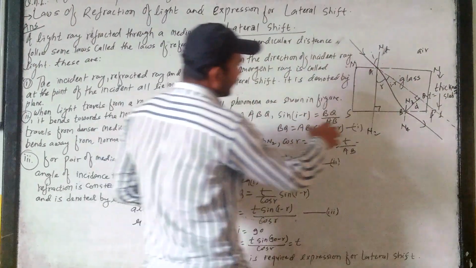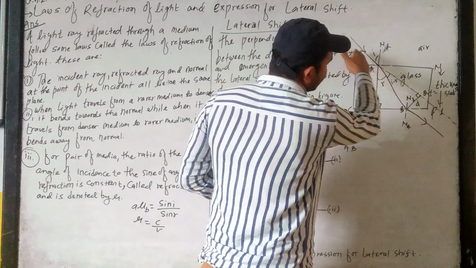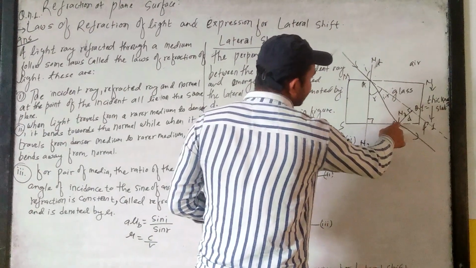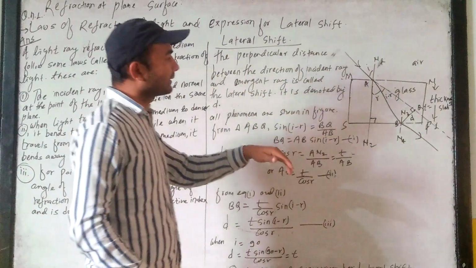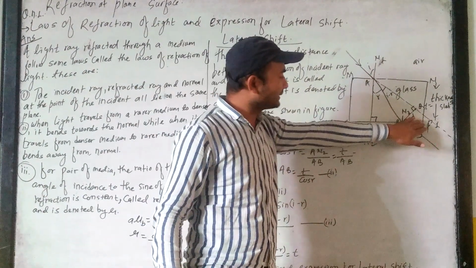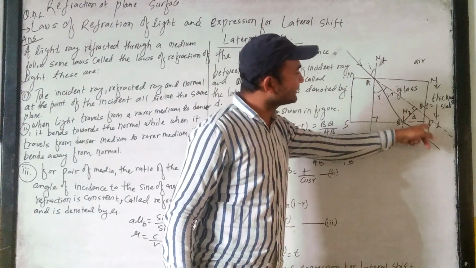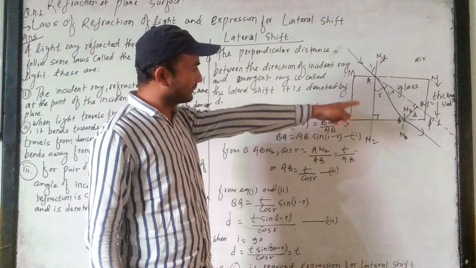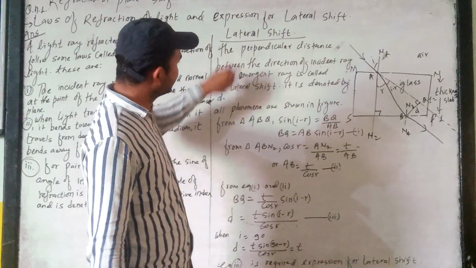So when we draw the original direction of this incident ray, and you can see the emergent ray, these two will be parallel. And the perpendicular distance between the direction of this emergent ray and the direction of this incident ray is called lateral shift.